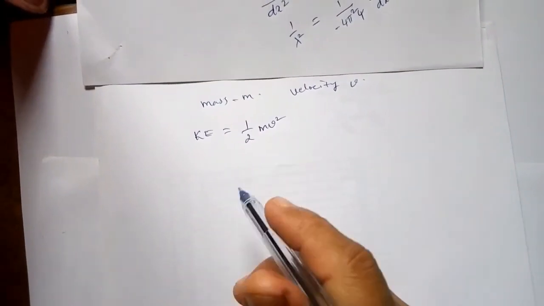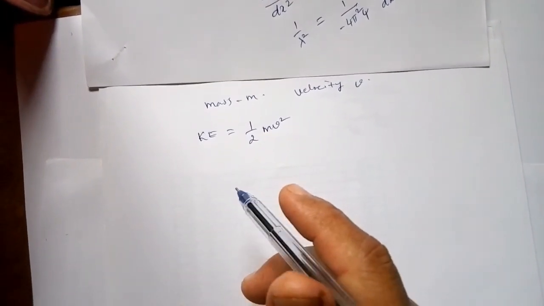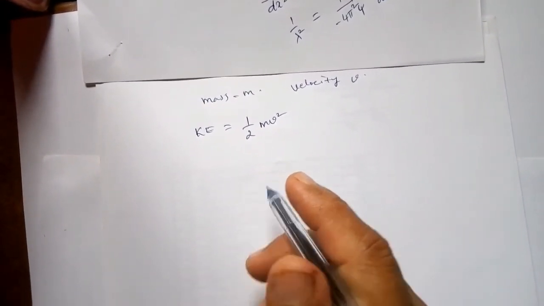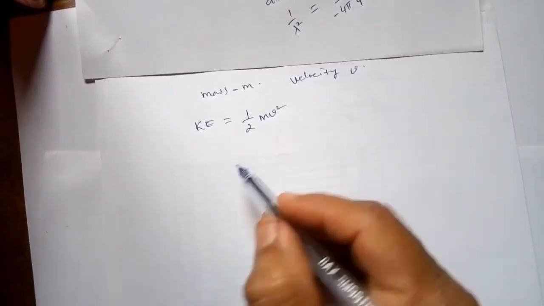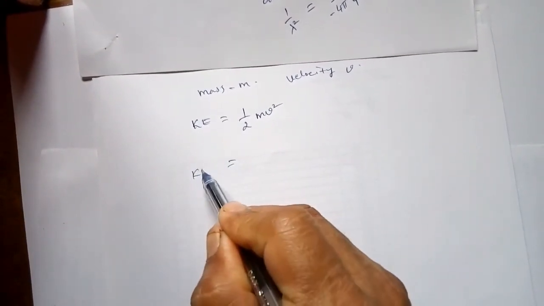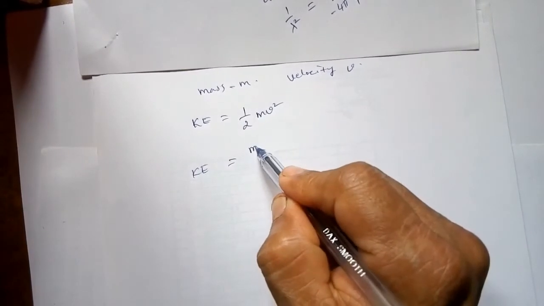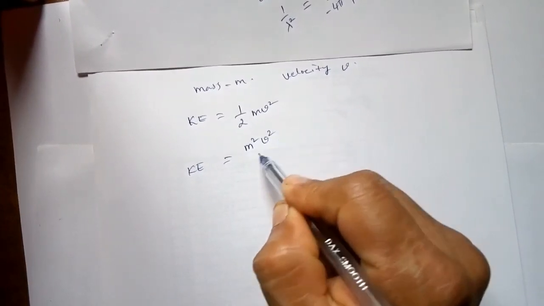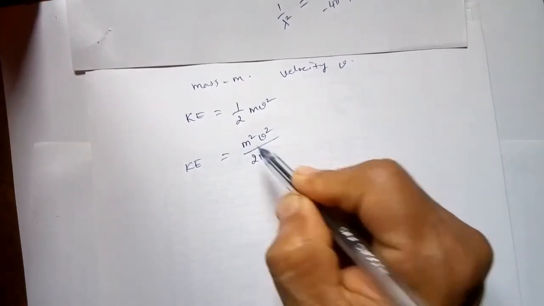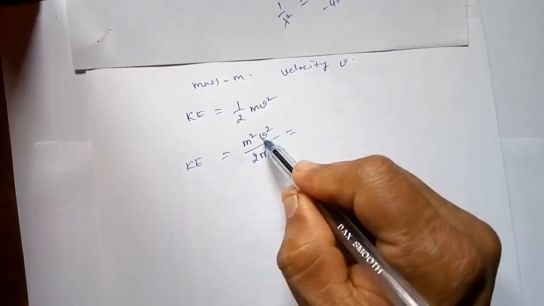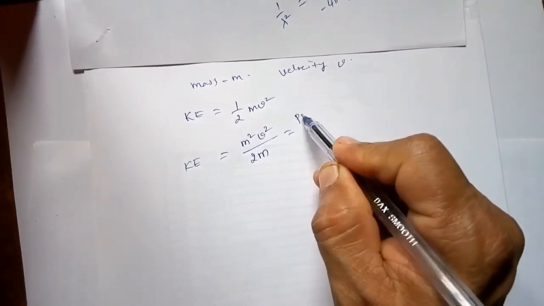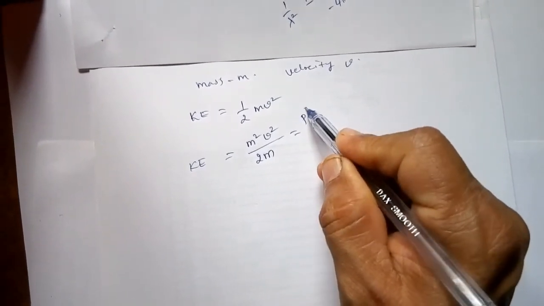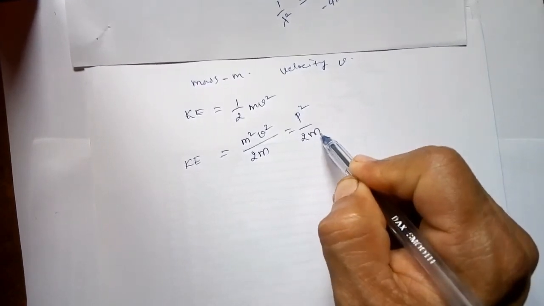This is a well known fact. This can be written as kinetic energy equal to m square v square divided by 2m, dividing and multiplying by m. Now mv is nothing but momentum, so therefore p square by 2m. Call this equation 4.